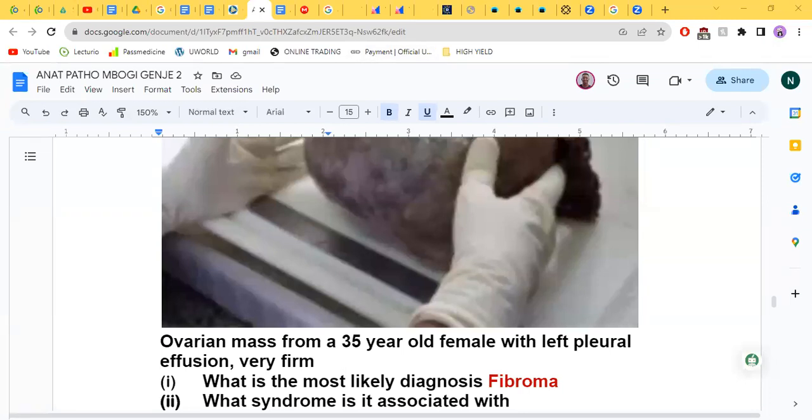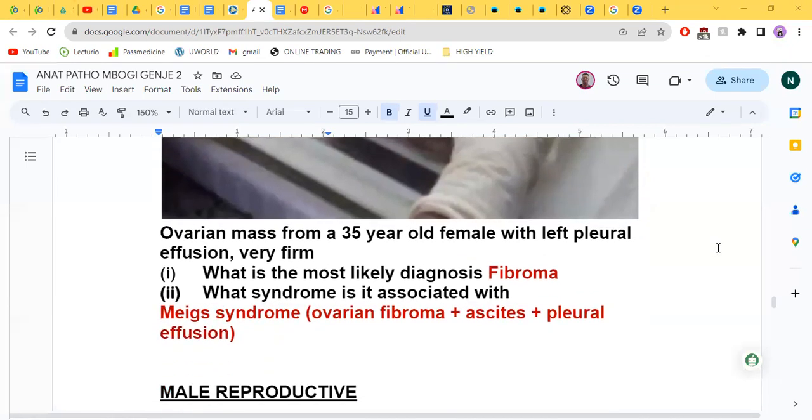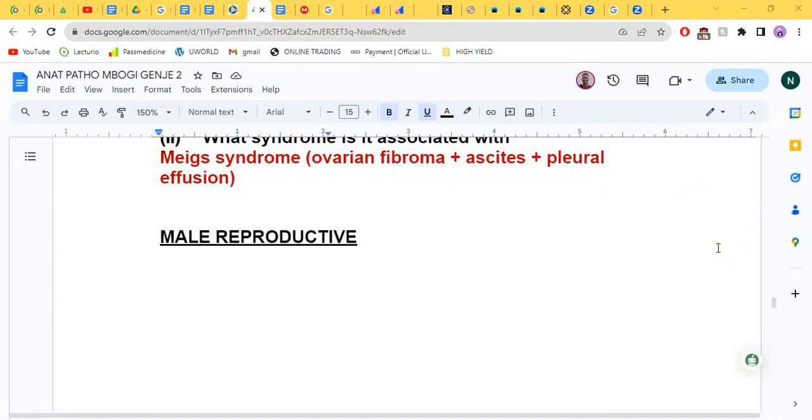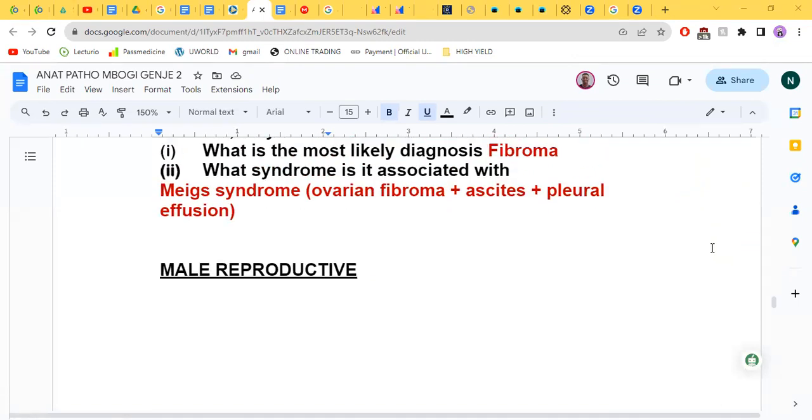Two more. Let's see, we're doing great. Fibroma, yes. So the last one, ascites. Awesome, guys. I think we're doing well. Next, Nate. So that is Meigs syndrome, and you have ovarian fibroma, pleural effusion, and ascites. Now we go to the male reproductive tract.